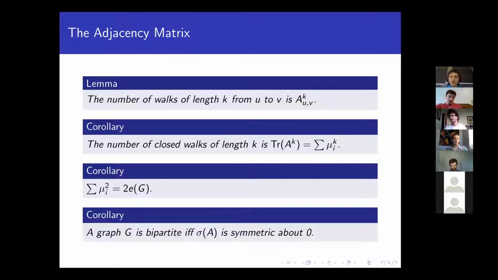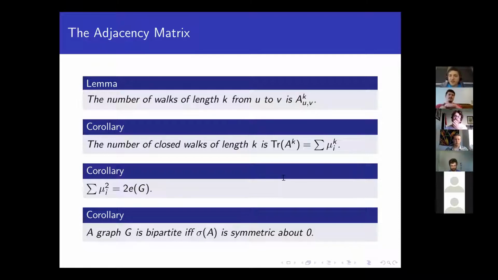And another result, which I won't formally prove, is that a graph G is going to be bipartite if and only if its spectrum, its multi-set of eigenvalues, is symmetric about 0. Roughly speaking, this is equivalent to saying that these sums for odd k are all going to be 0, which says that the graph G has no closed walks of odd length.